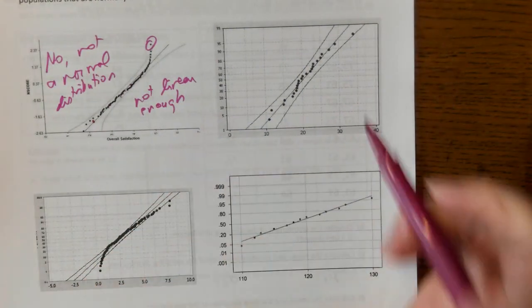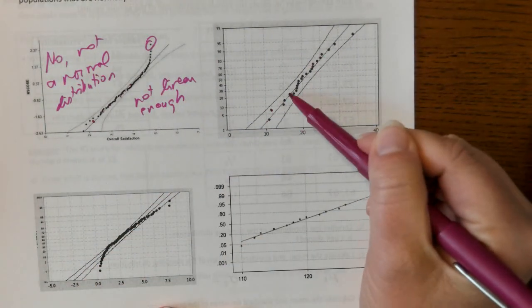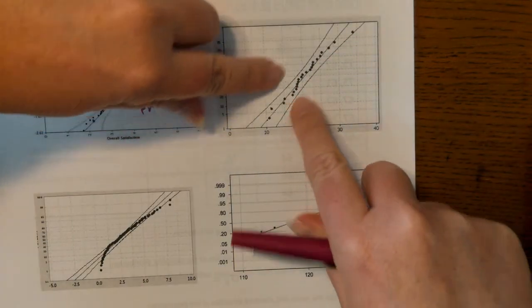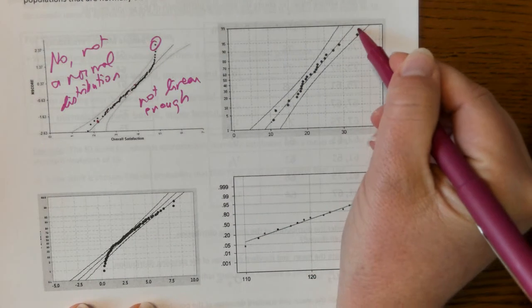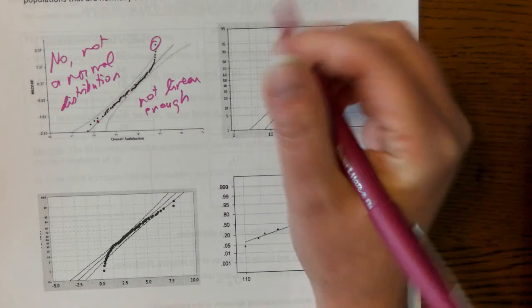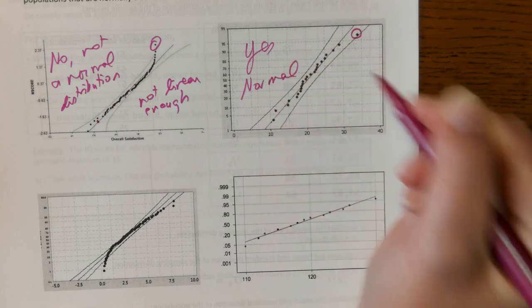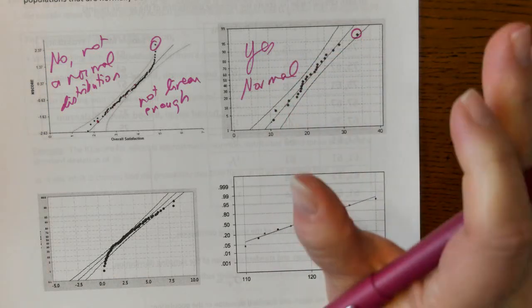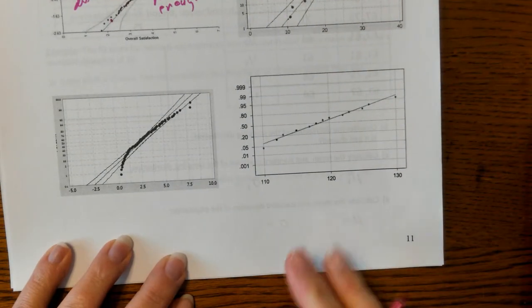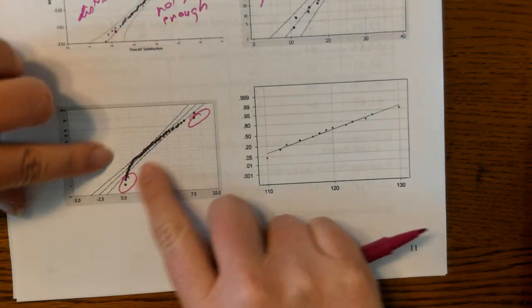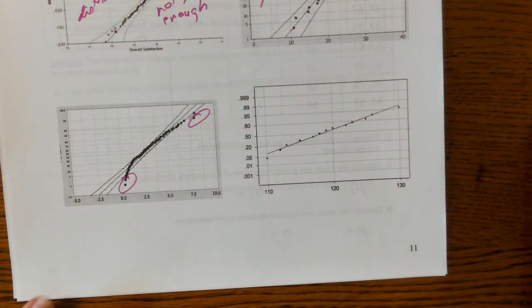Okay, so graph number 2. Notice all of these data points were pretty close to the line. And they were inside those little curved lines. This one's getting close, but it is inside. So I would say, yes, this data set is normal, and it would be appropriate for you to work problems using normal CDF or inverse norm. Third example here, looks like there may be a few dots that are not within the little window that we're giving it.